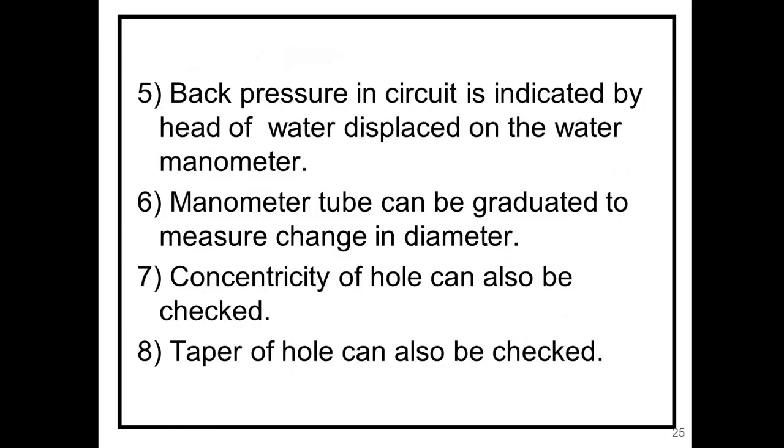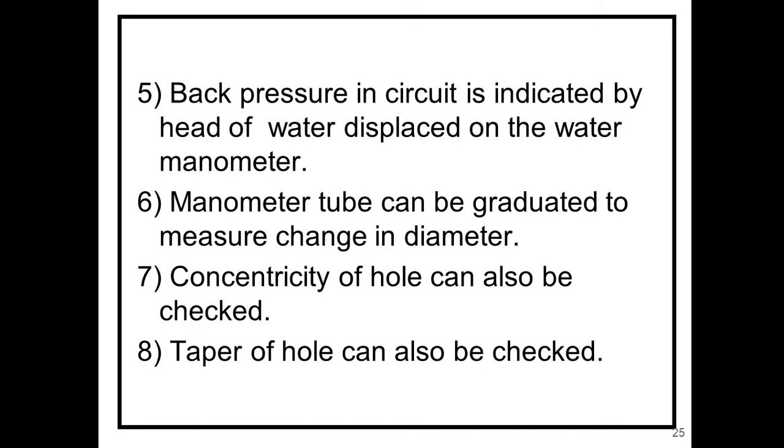Before going to the next comparator, there are some advantages and disadvantages of the pneumatic comparator. Let us first discuss the advantages. The first advantage is that there is practically no wear of the gauging member, as it doesn't come in contact with the test piece.